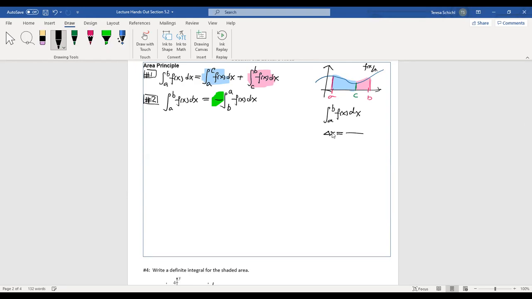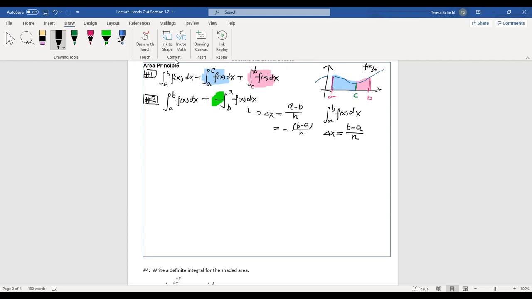Delta x is the upper bound minus the lower bound, so it's b minus a over n. In the switched case, delta x is a minus b over n, which differs by a negative number. Then the summation of f times delta x is where the negative sign comes in.